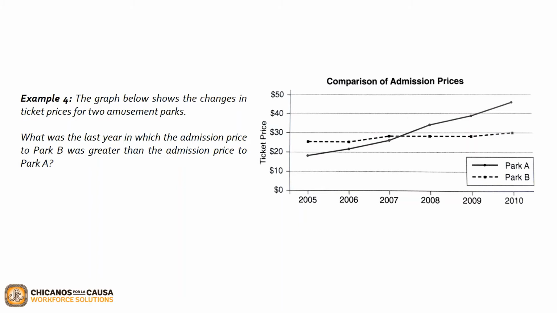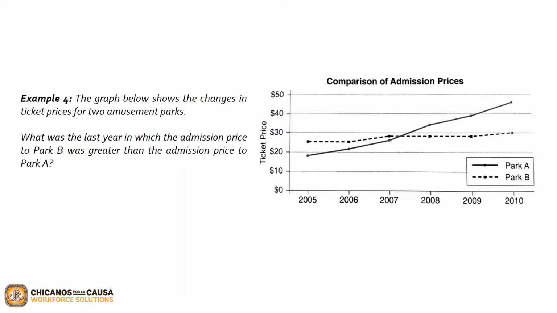The vertical, or y-axis, represents ticket price in increments of $10. From our key, we can also see that Park A is represented by a solid line, while Park B is represented by a dotted line. So the question is asking us, when was the last time the Park B prices were greater than those of Park A?